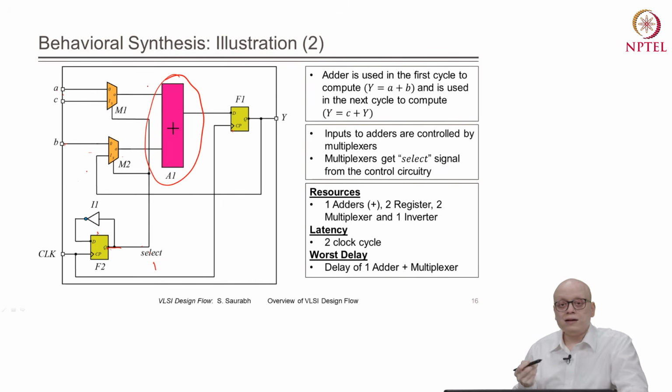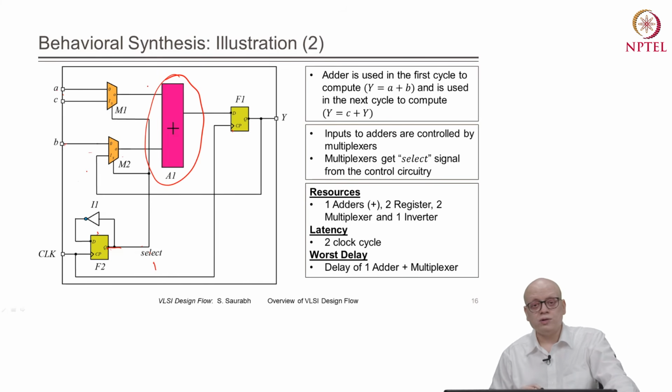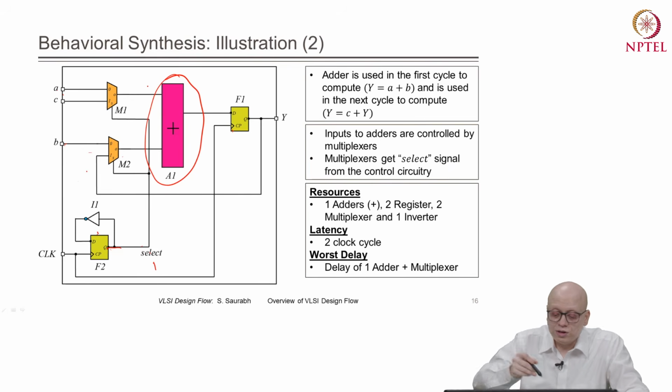Typically, adders, multipliers and these kinds of arithmetic units are more costly in terms of area, in power and other things, right? So if we reduce the count of these arithmetic units, we can save on area, right? But what is the downside? Now we'll have a latency of 2 clock cycles, right?